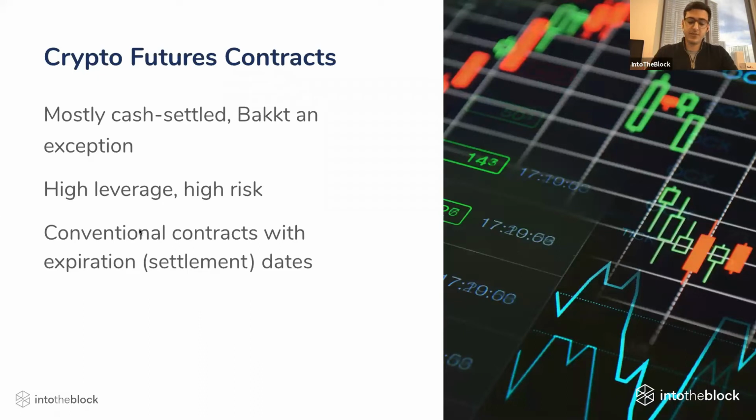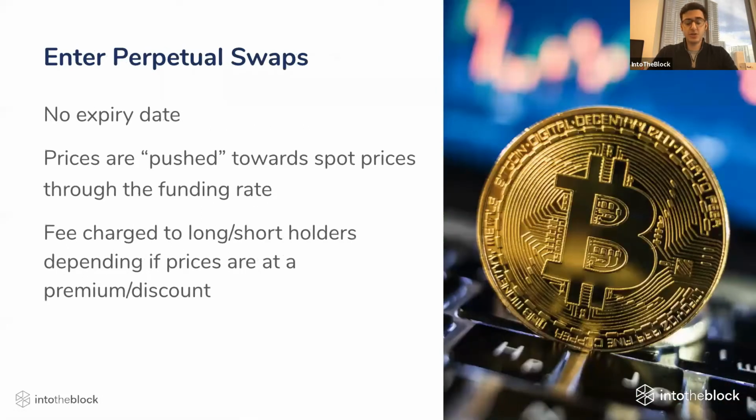And there's the conventional contracts, which essentially have an expiration date, the settlement date. And there's the new type of contract, completely new to crypto, which is perpetual swaps. This is because crypto markets are 24/7, so they decided to have a new type of contract that fits the nature of crypto. It has no expiry date and is traded 24/7.